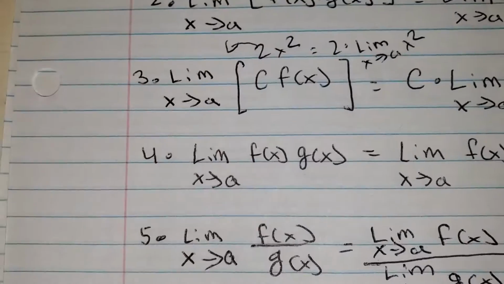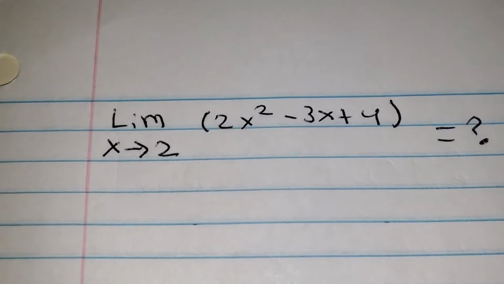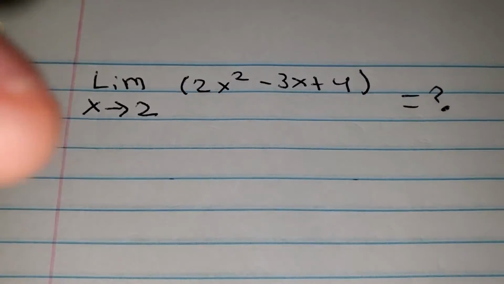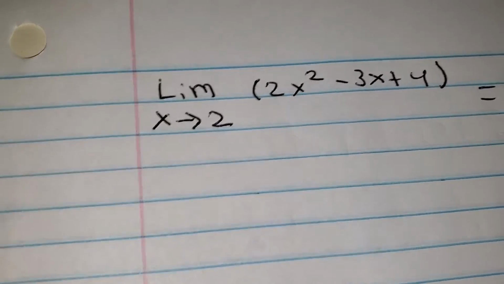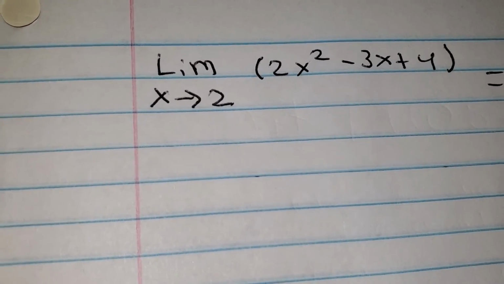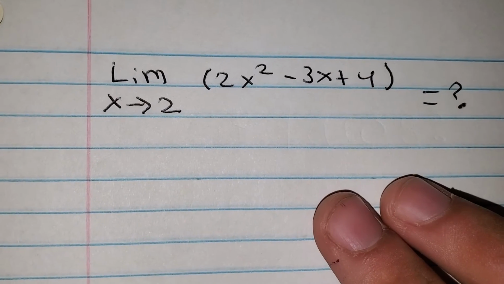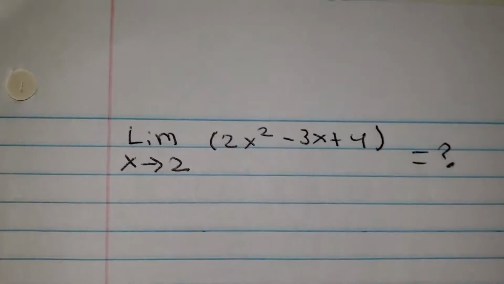So let's do an example. Sorry about that, guys. We have the limit as x approaches 2 of 2x squared minus 3x plus 4. What does that equal? We want to solve this using limit laws, because let's say we don't know that we can directly substitute yet. Eventually we could, once we prove it, but until then we can't really.